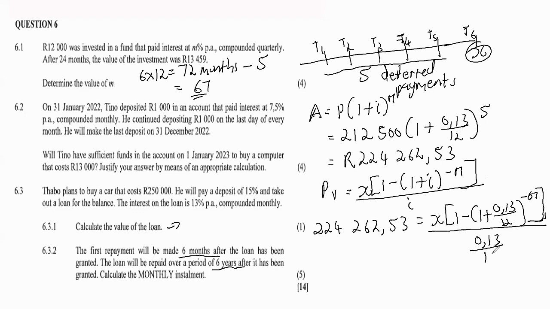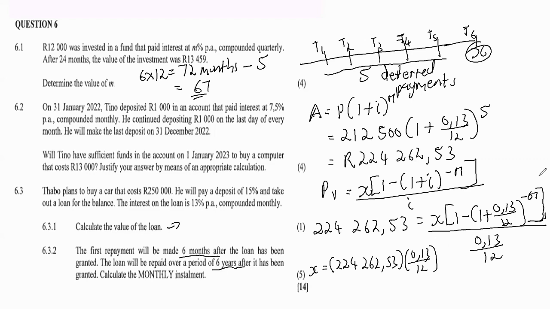over 0.13 over 12. Now you already know how we tackle this one. So whenever we are dealing with this, you need to then say x is equal to, remember, you cross multiply 224,262.53 by 0.13 over 12.